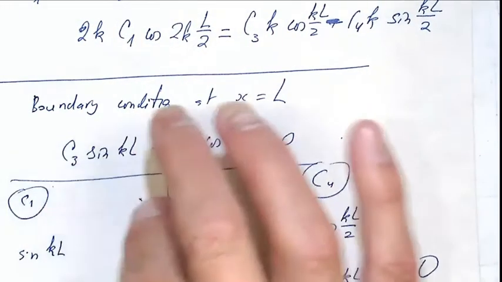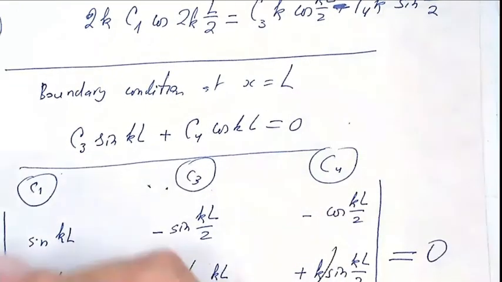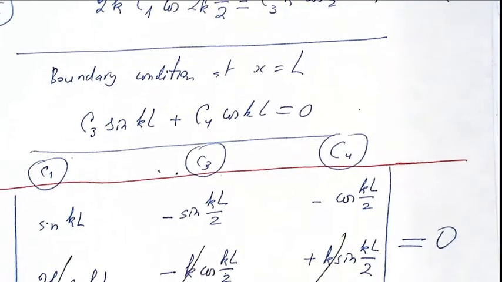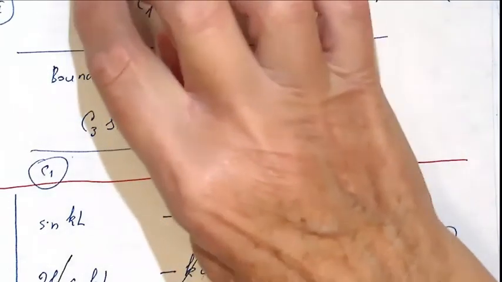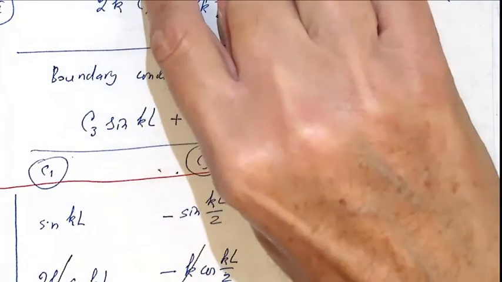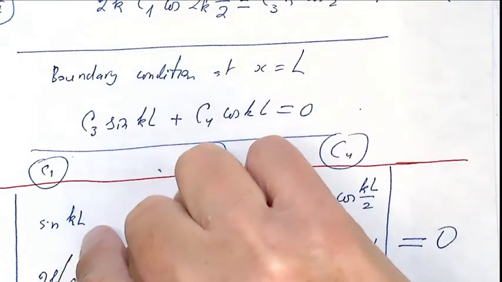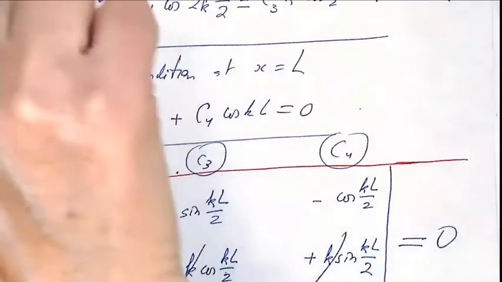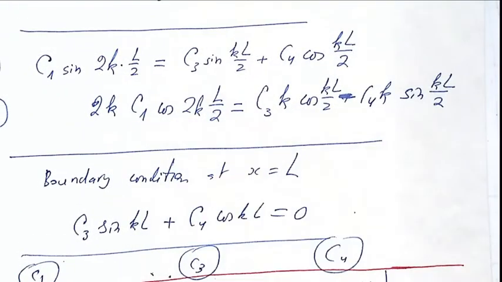So I'm writing down the coefficient matrix for the constants. In front of C1 is sine 2k L over 2, which will be kL. In front of this, I have to transfer to the left-hand side, so it will be minus sine kL over 2. Here, minus cosine kL over 2.